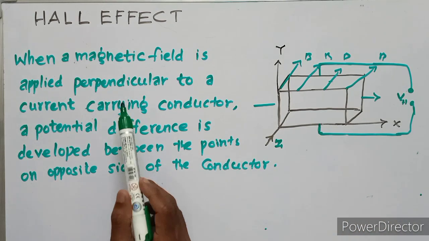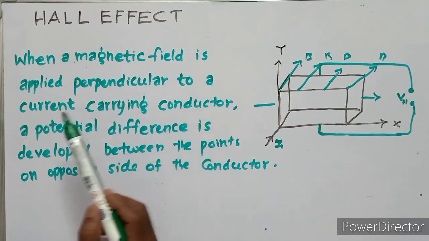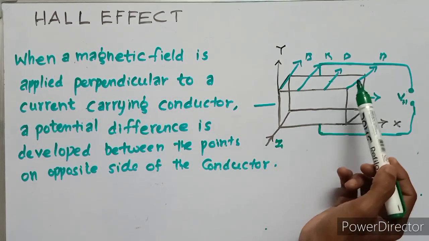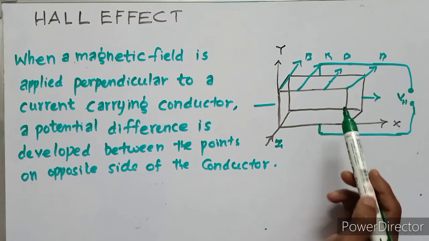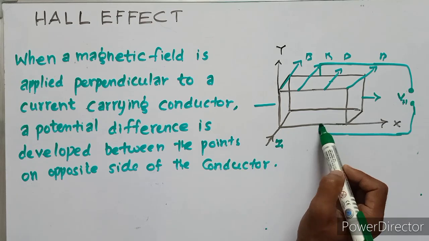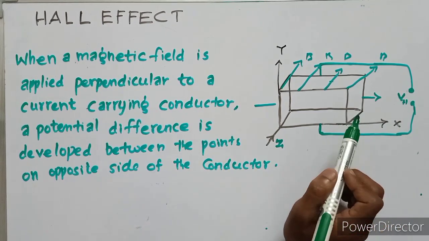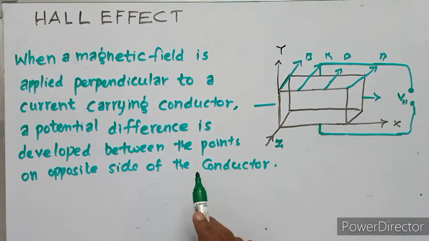So according to Hall effect, when a magnetic field is applied perpendicular to a current carrying conductor, a potential difference is developed between the points on opposite side of the conductor. This is the Hall effect.